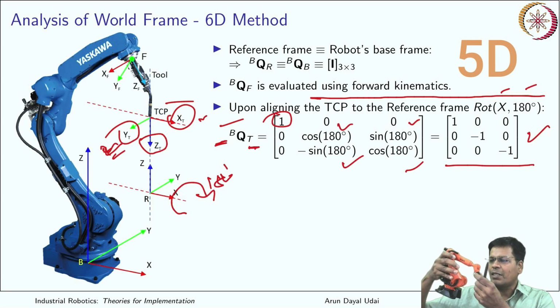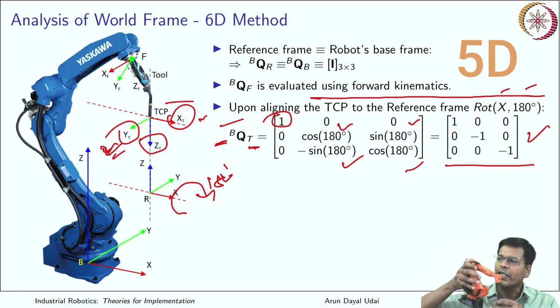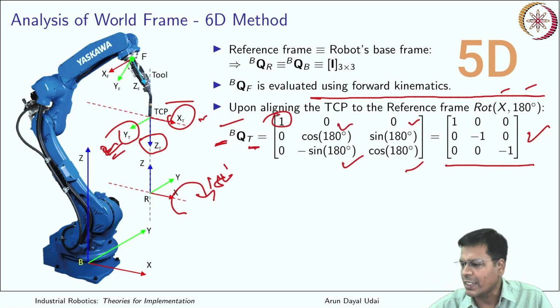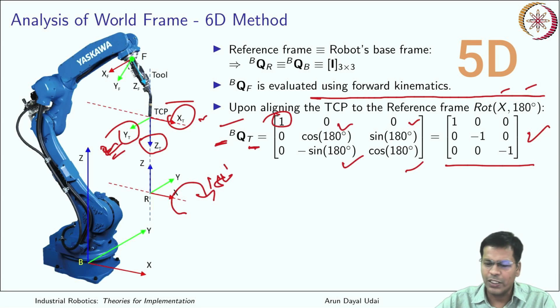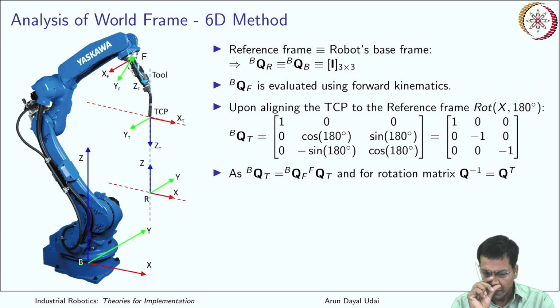Whatever is the position of your tool with respect to this reference, it will automatically assign x and y like this, and it will take that data and save it. It won't let you know that it has placed x and y exactly like this, but internally it does it in a similar way.